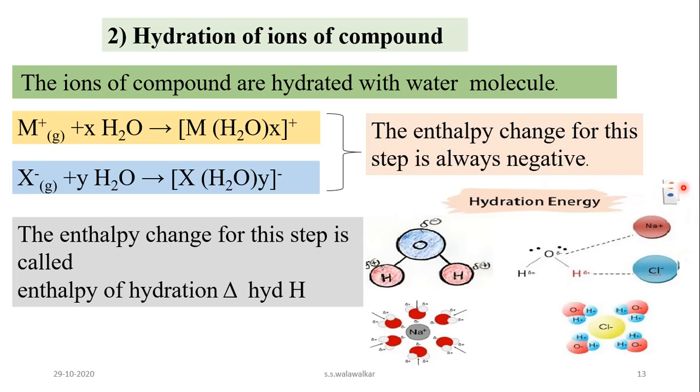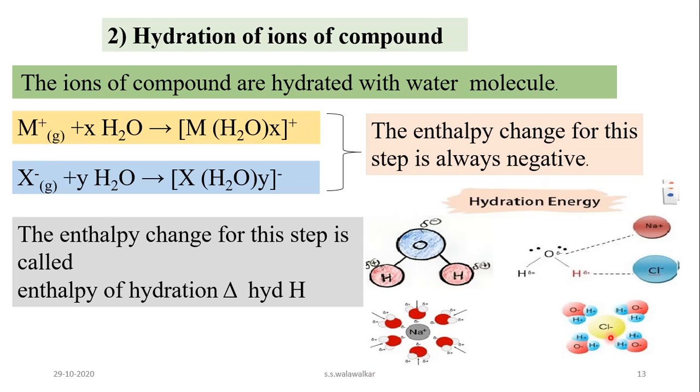When sodium chloride is dissolved in water, then what happens? Sodium ion gets surrounded by the water molecules, and there are big forces of attraction between the sodium ion, which is positively charged, and the negative end of the water molecule, which attracts the sodium ion, so sodium ion gets surrounded by water molecules like this.